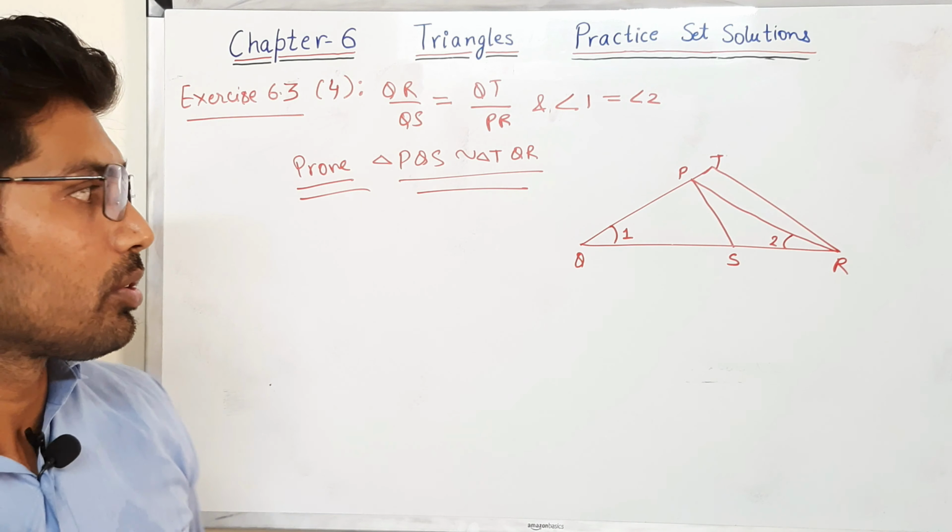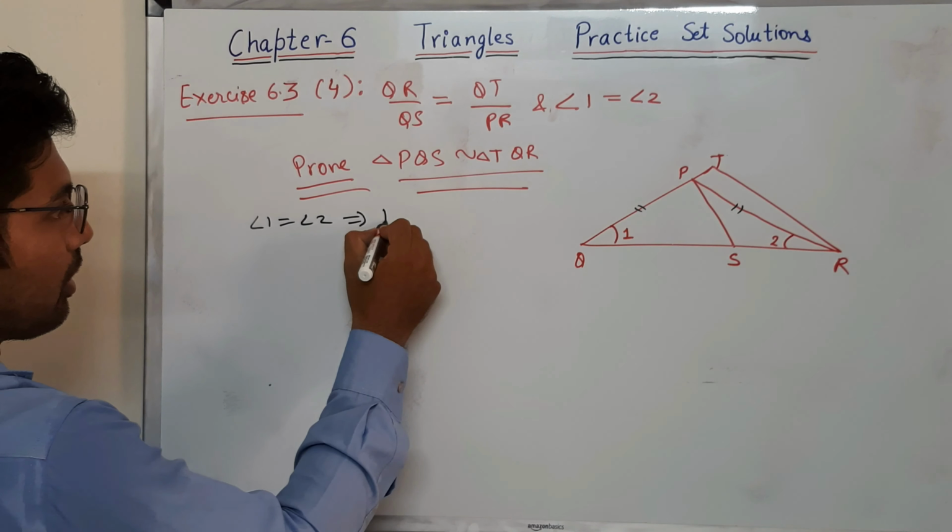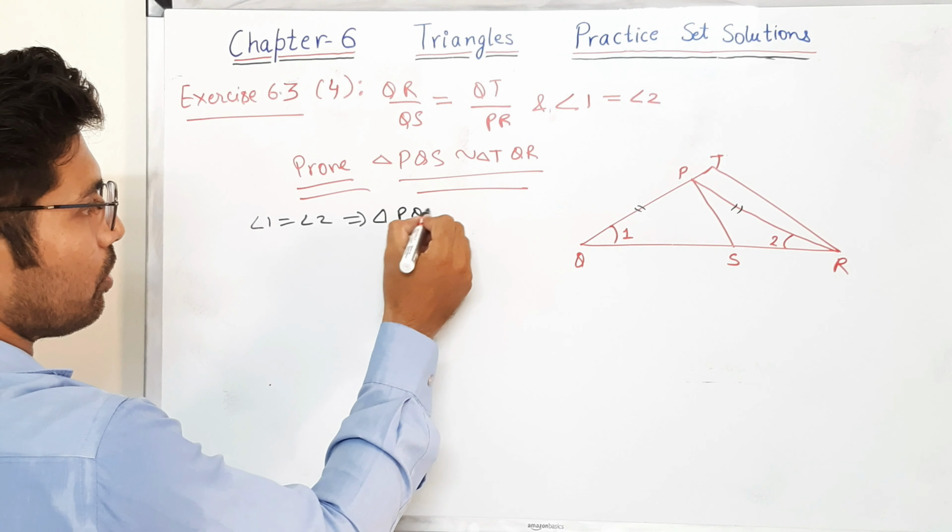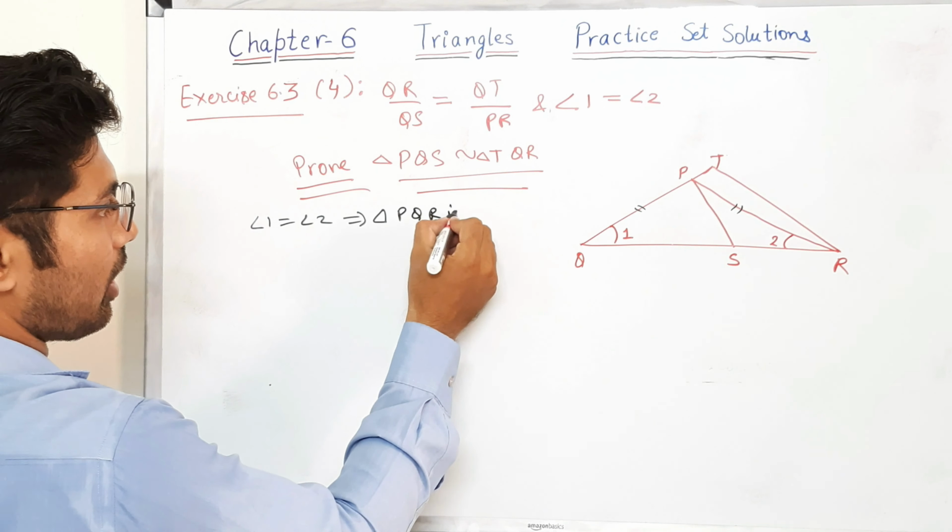Here you write angle 1 and angle 2 are the same. Since angle 1 equals angle 2, triangle PQR is isosceles, hence PQ is equal to PR. So this is our first equation.